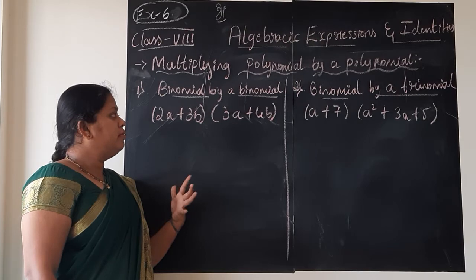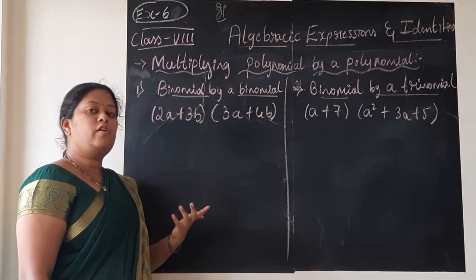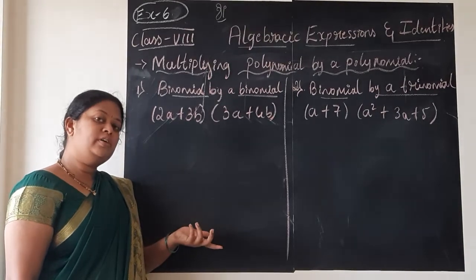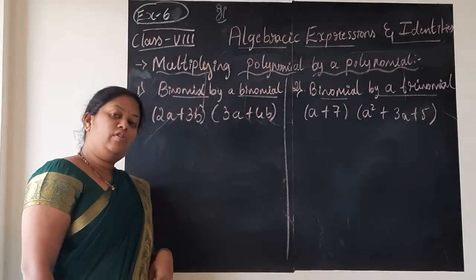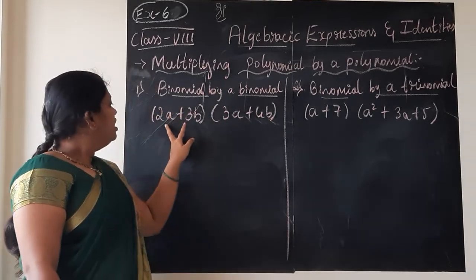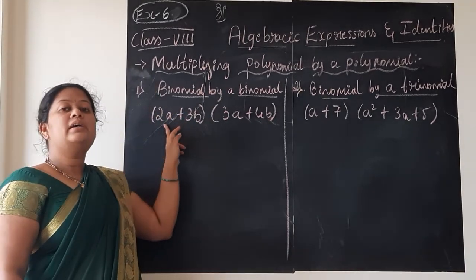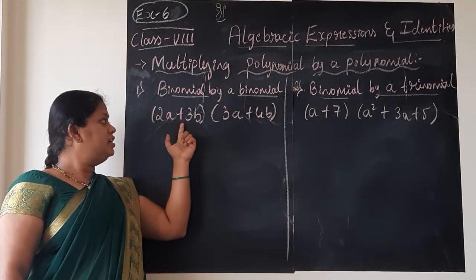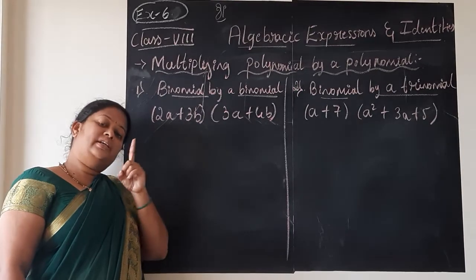If you recall the steps which we were following in multiplying monomial with a binomial or monomial with a trinomial, the same steps we are going to follow here also, children. But here we used to multiply only by a monomial. The first term we always used to have a monomial, that is a single term.